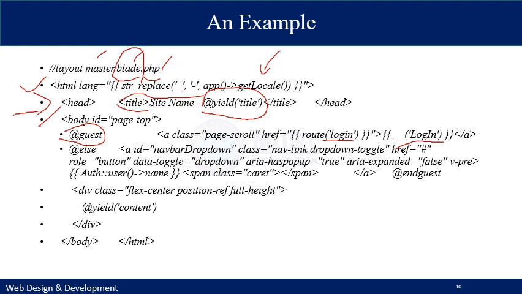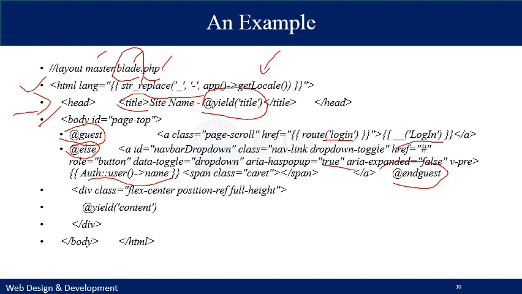It is also complemented with an else statement. If the user is not a guest, you go to the else block, and in this block you show the username with some other text, and you end it with the end guest statement.